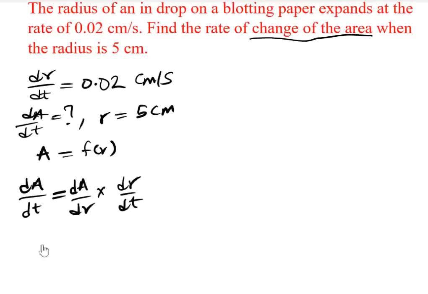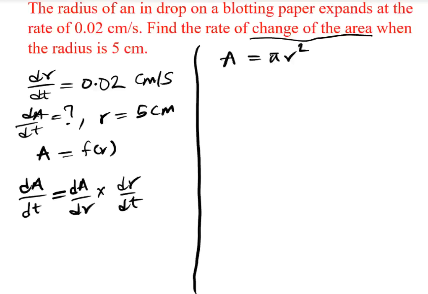If you drop an ink on a paper, it will form a circle, and we are looking at the area of a circle in this case. So the area of a circle is pi r squared, and we can say that dA/dr is equal to 2 pi r.